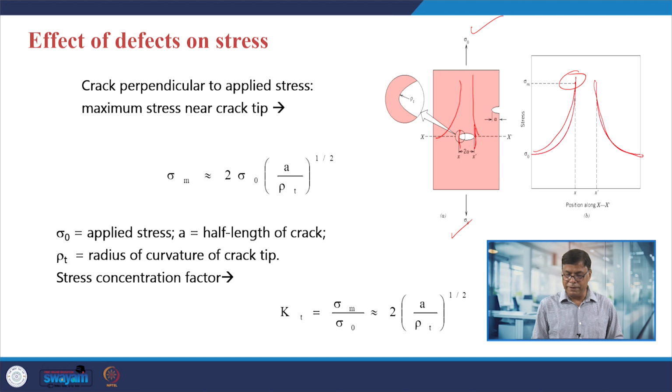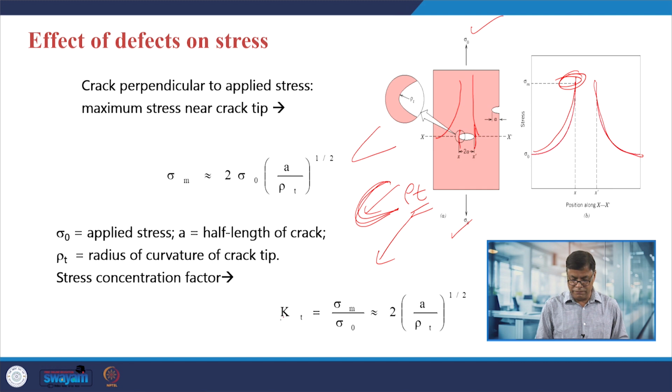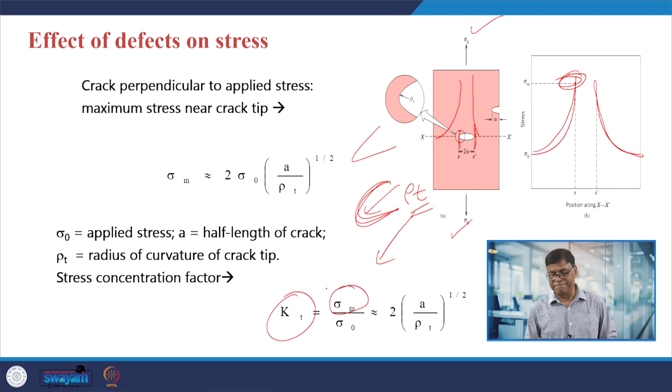But if the material is soft and ductile, then the maximum stress will cause blunting of the crack. Earlier it was sharp, now it will get blunted. Blunting of the crack tip will increase the crack tip radius, and the increase in crack tip radius will reduce the stress concentration factor, which in turn will reduce the maximum stresses. So this is why it is important which kind of material it is.